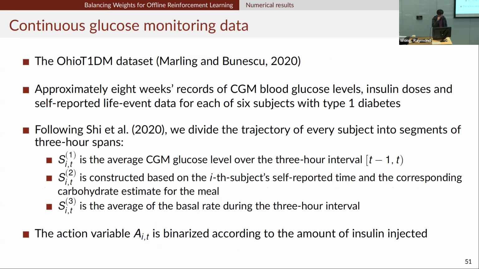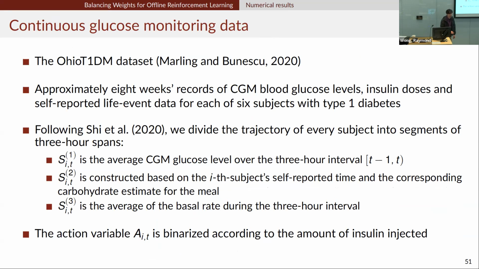This is the real data application. We apply our method to continuous glucose monitoring data collected by Ohio University. This data set contains approximately 8 weeks of records of CGM blood glucose levels, insulin dosages, and some self-reported life events of 6 subjects.